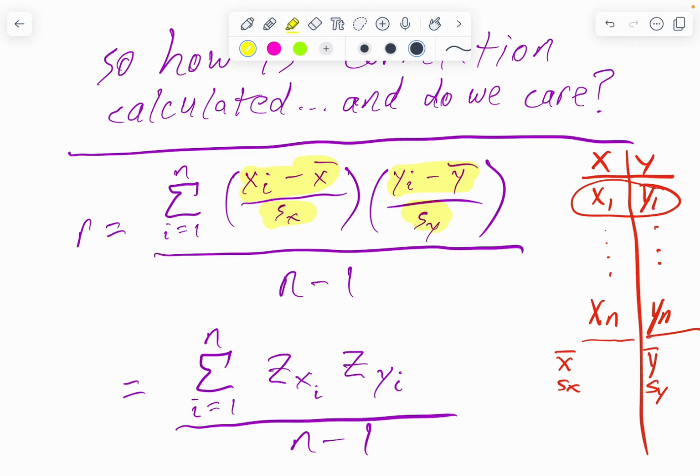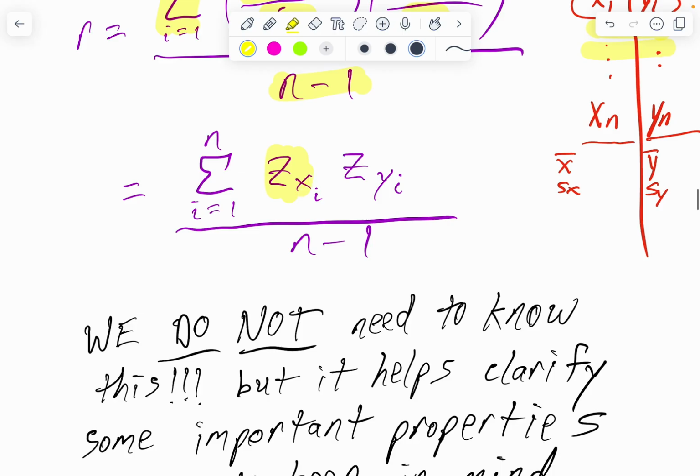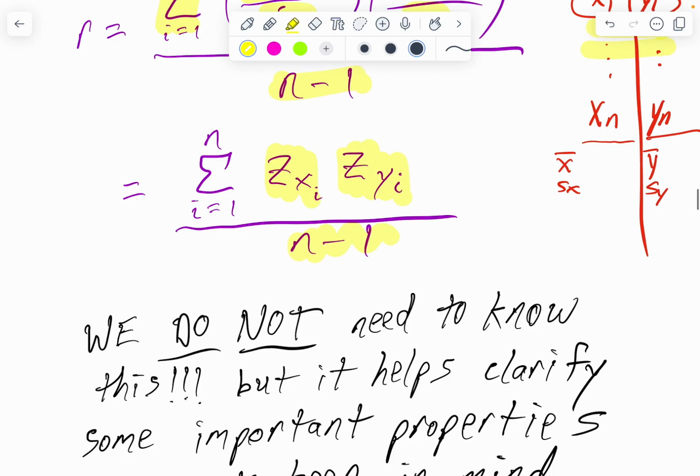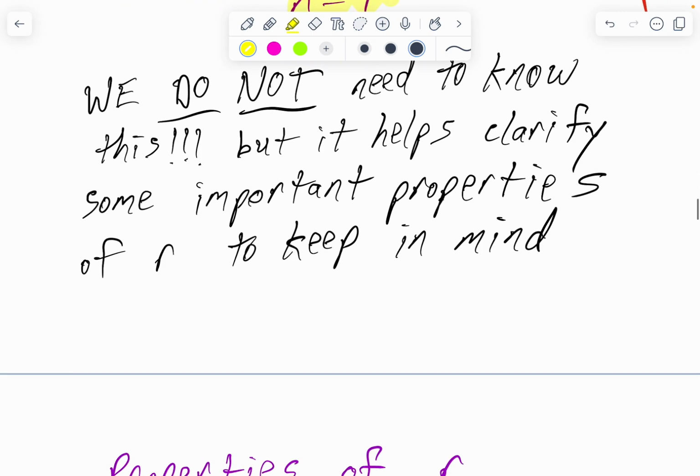And you do that with the second XY pair, the third XY pair, etc. Then you add all those things up, and divide by one less than the number of data points. So what you're basically doing is multiplying z-scores together and dividing by the degrees of freedom. Now, the good news is you'll never have to know how to do it by hand. You'll just have to know how to get it from technology.